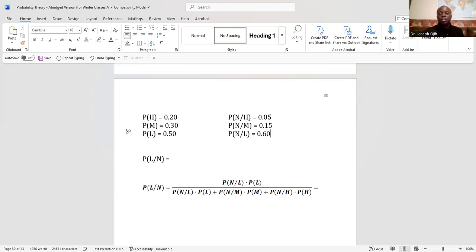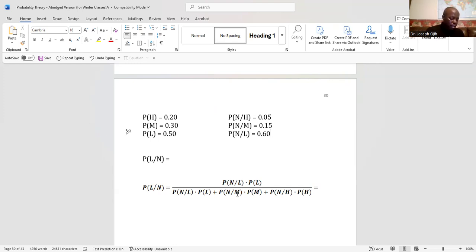So you have everything you need. All you have to do now is plug them into this formula. I'm going to write this down in the other workbook so we can plug them in and get our answer. Probability of heavy equals 0.20. Probability of medium equals 0.30.